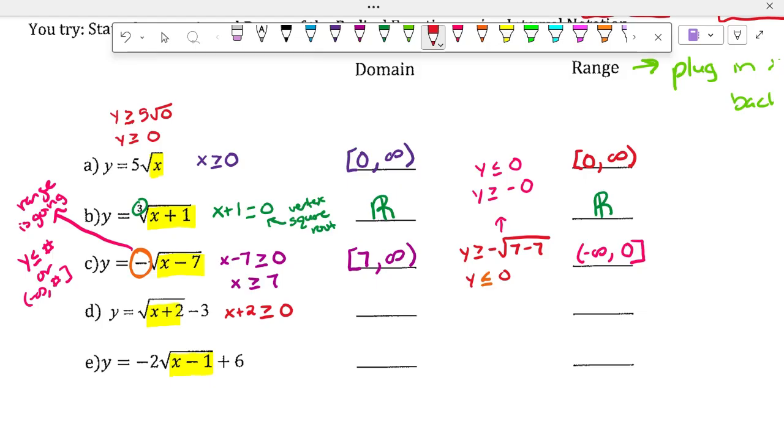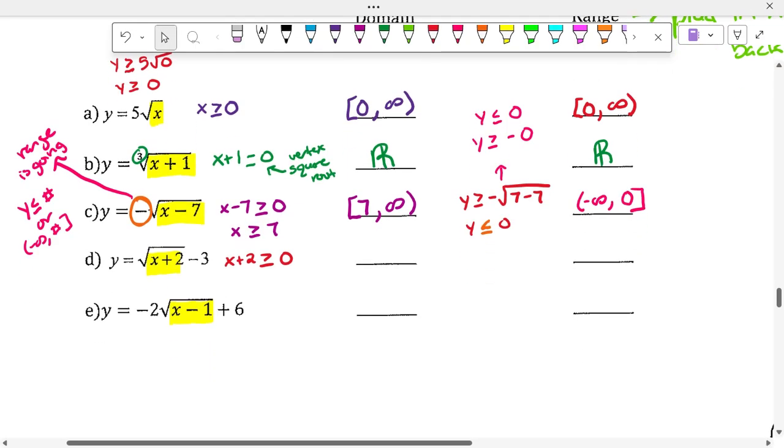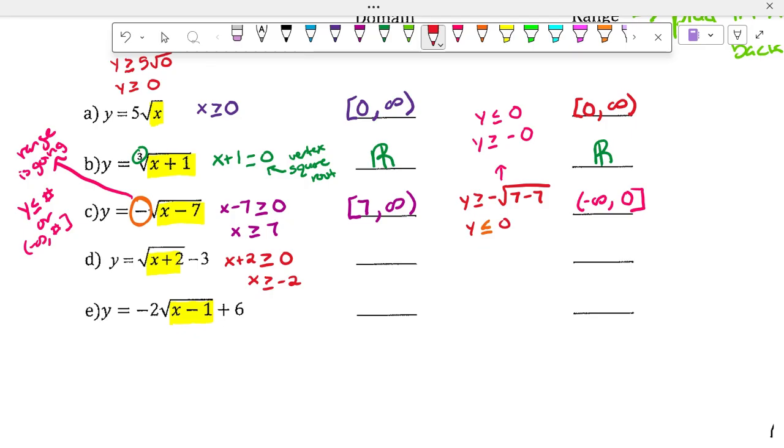Like you mean like for E when we get down there? Yeah, it still affects it if your A value is negative, essentially. So what would my range be, Amelia? Not range, I meant domain, sorry. Good.